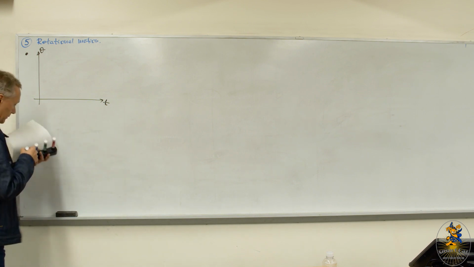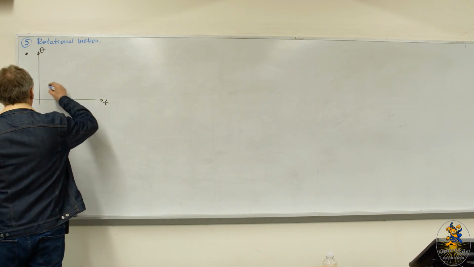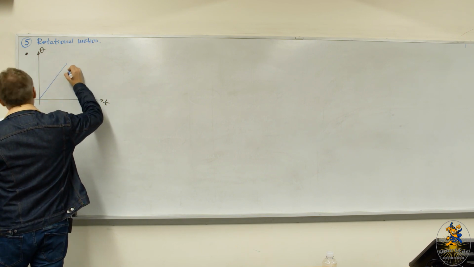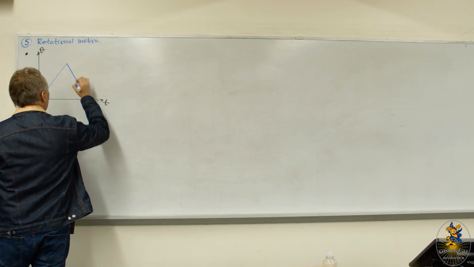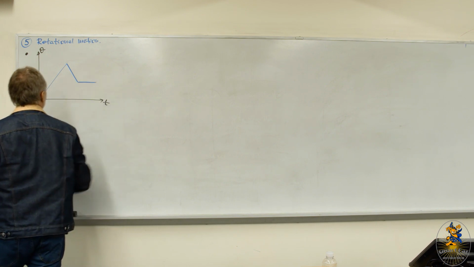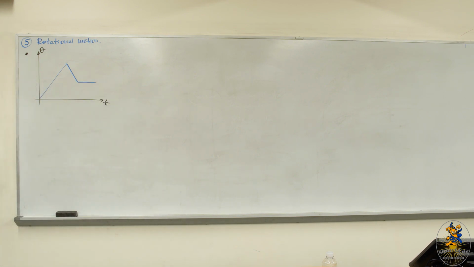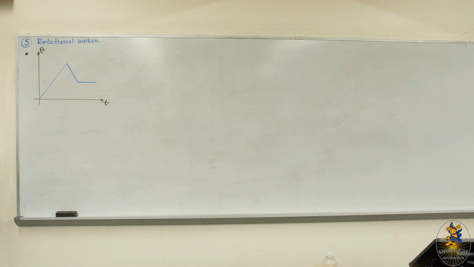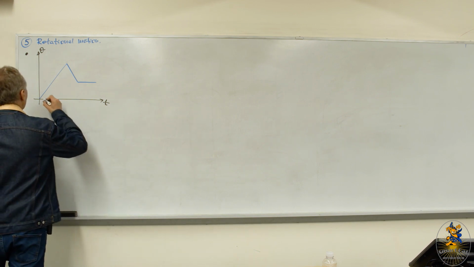And the graph looks like this. First it goes up, then it goes down, and then it stays constant. That's just a completely arbitrary situation.